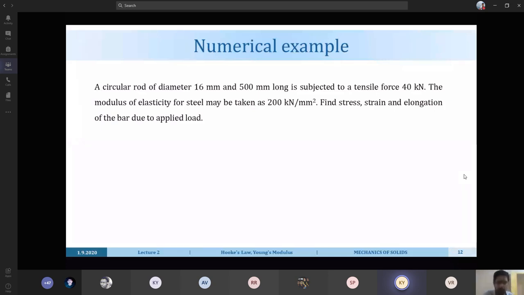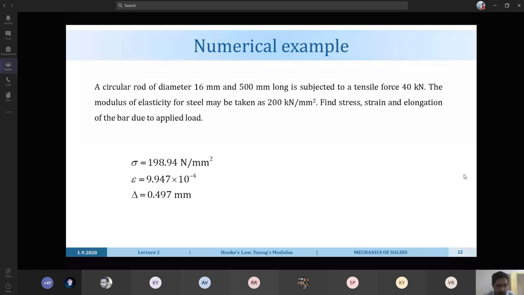What is the unit? Meter, sir. 3.9 meter? Check again, millimeter. This rod is actually very small. Yes, sir. Okay. So what happened to your calculation?